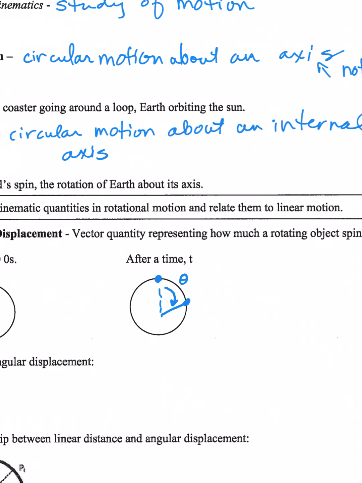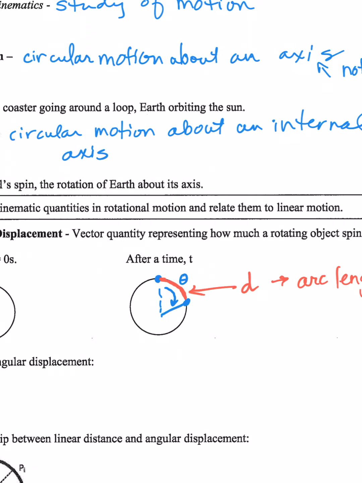Well, that angle also represents some distance along the edge of the circle that it has gone. Well, guys, that's an arc length, isn't it? Remember geometry? You talk about the edge of the circle. This is an arc length. And we can talk about what that arc length is.